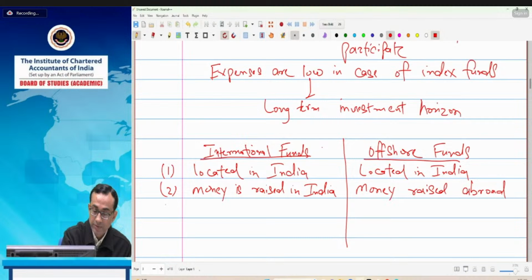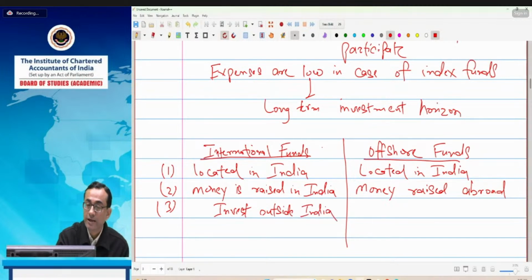And the third point is that international funds invest outside India, and offshore funds invest in India.